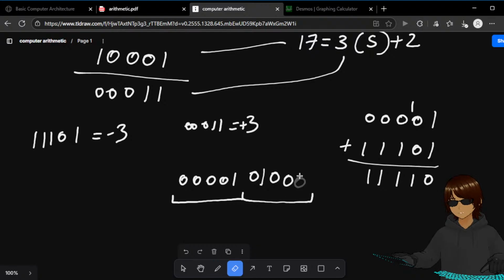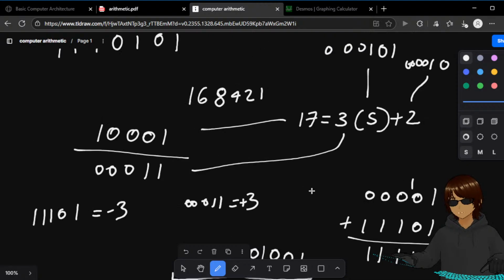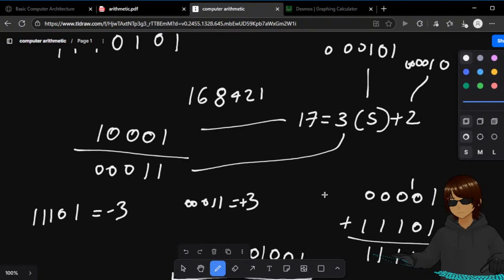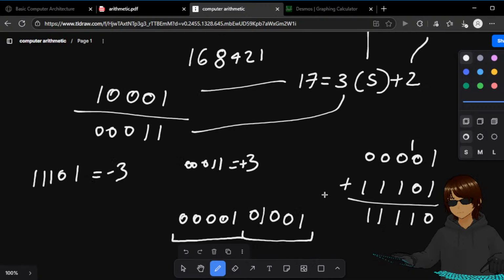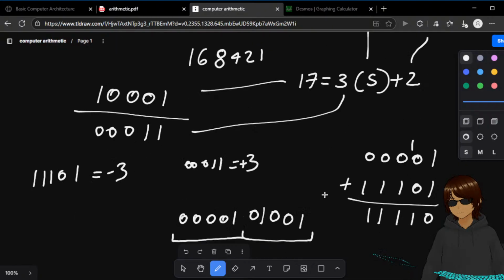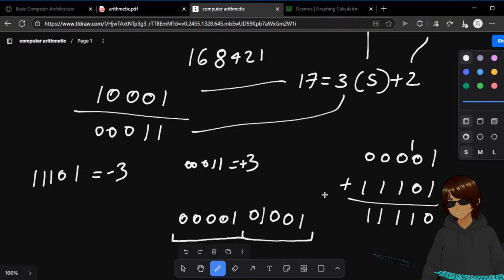And then the least significant bit is set to 1. Hold on, let me think about this. Least significant bit is set to 1.